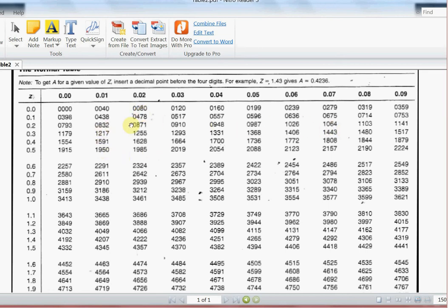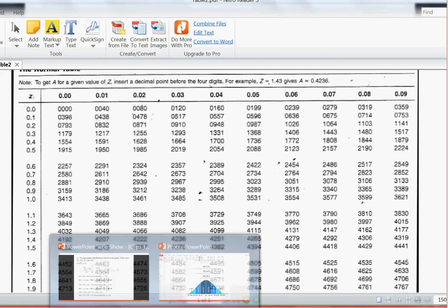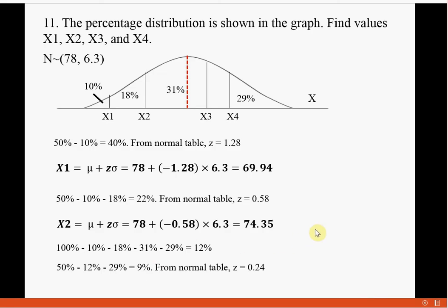Here, you have 8.71% and 9.1%. So this value is very close to 9%. So the corresponding z-score is 0.23. So we use 0.23 as our z-score.